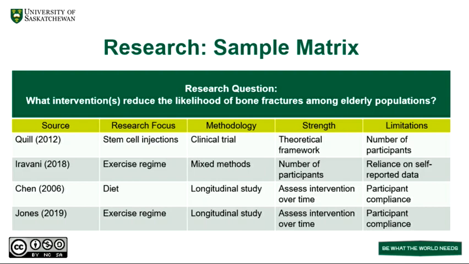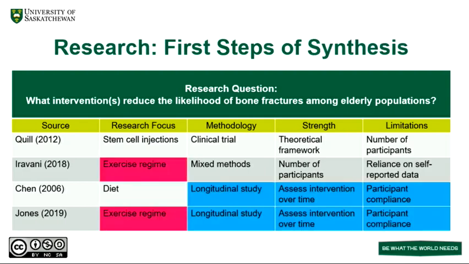So we're considering the different research foci, the methodology, and then how we are identifying strengths or limitations of those different studies. And so once we have that matrix populated, then we can start identifying where there is more overlap.